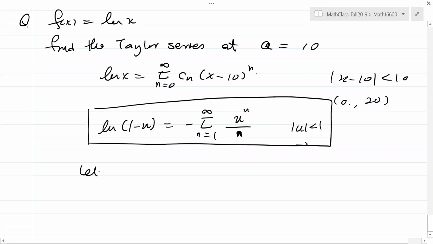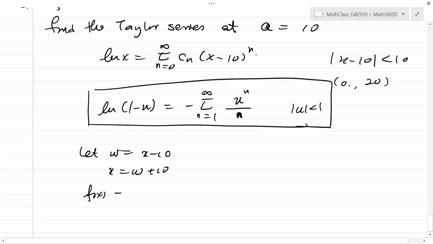I have to let w be x minus 10. So x is going to be w plus 10. So the function natural log x is going to be natural log of w plus 10. All right, w plus 10 is quite different from 1 minus u, but I can make it.